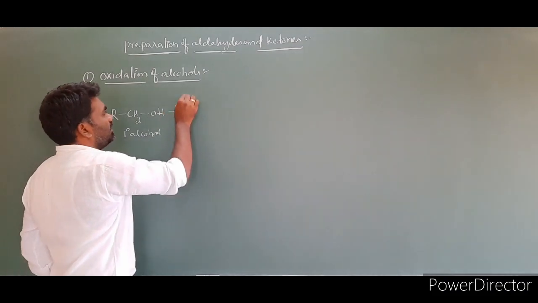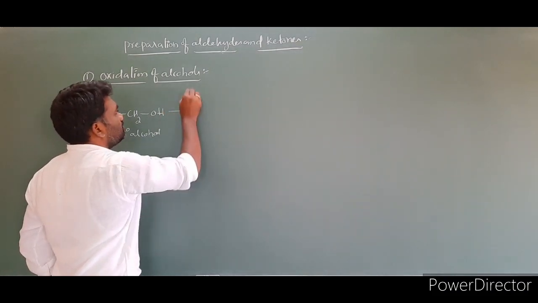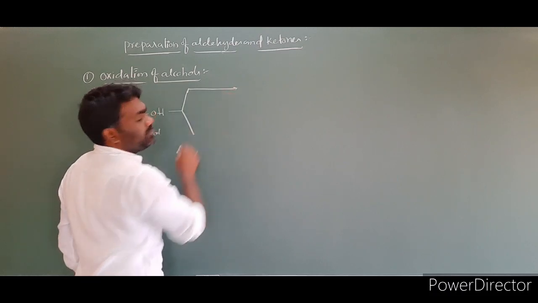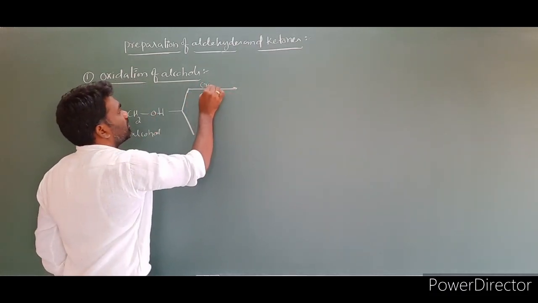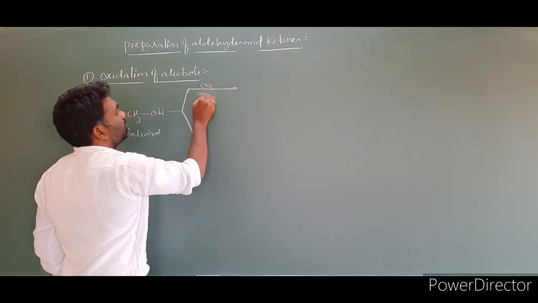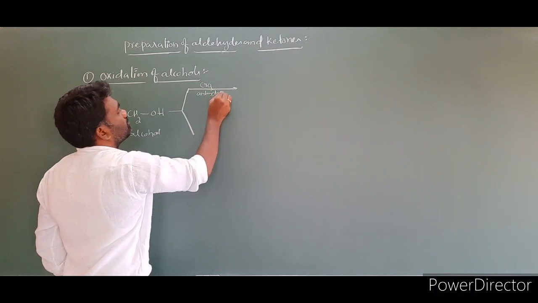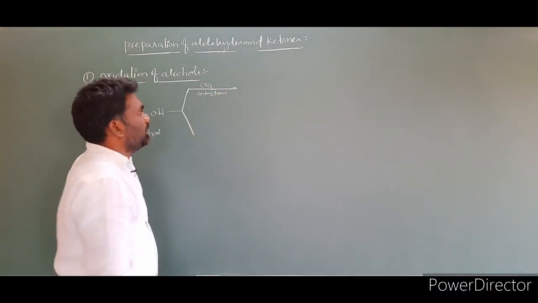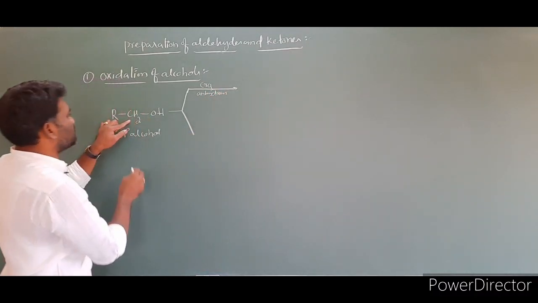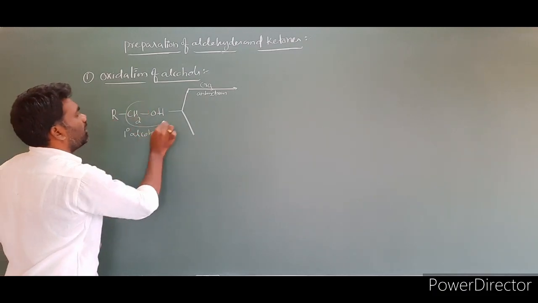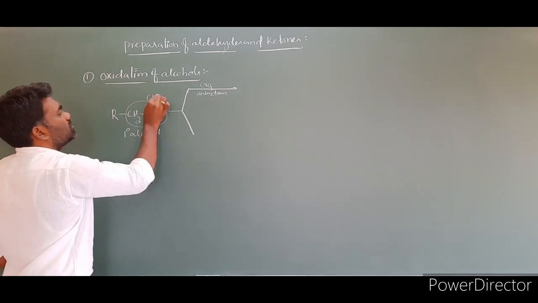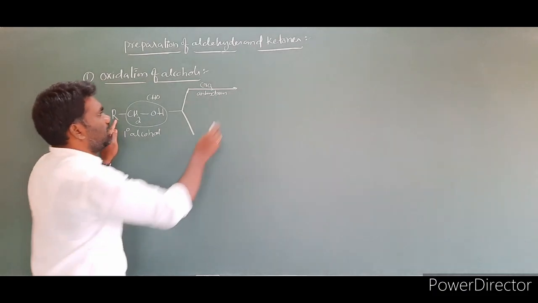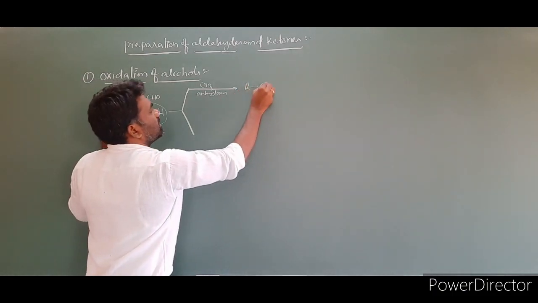This primary alcohol is treated with CrO3, chromium trioxide anhydrous form. The CH2OH group is converted into CHO, so the product is RCHO.